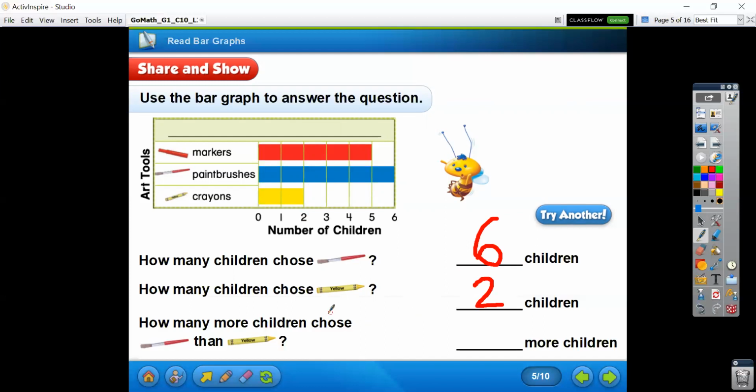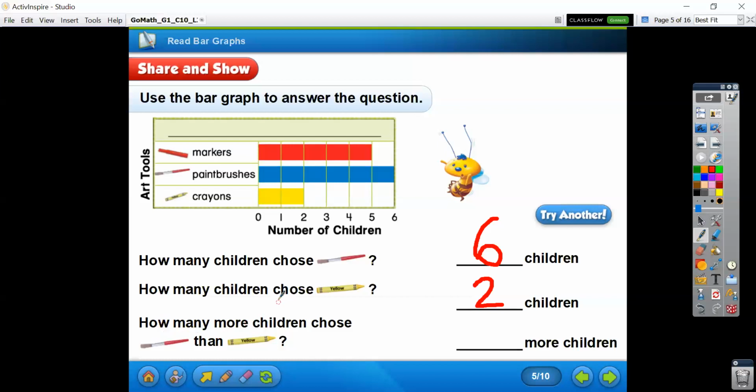Now this one's a little bit trickier, and it's doing some comparing. How many more children chose the paintbrush than the crayons? We can see the blue bar is the longest, so that one was picked the most, and the crayons bar is the smallest, so that one was picked the least. But we want to know how many more children chose the paintbrush than the crayon.